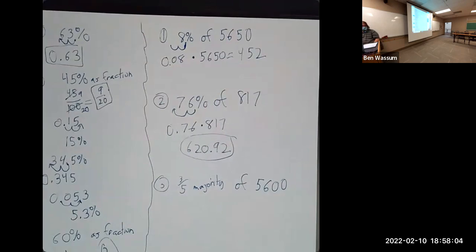Now, if you were doing this problem where it was saying 76% of this many people, just in general, not in terms of a vote or anything, you would usually round to the nearest. So it'd be 621. With word problems, it gets weird as to whether or not you round up or round down. It just depends on the context.